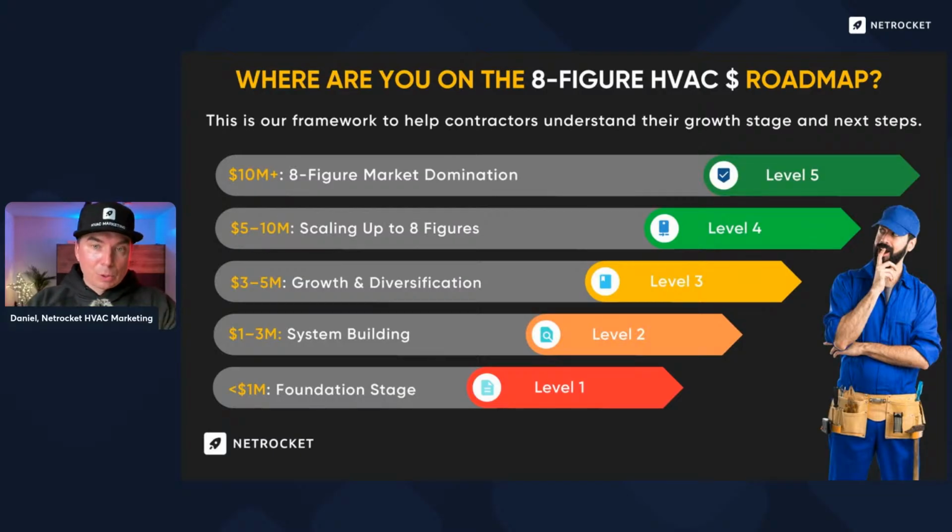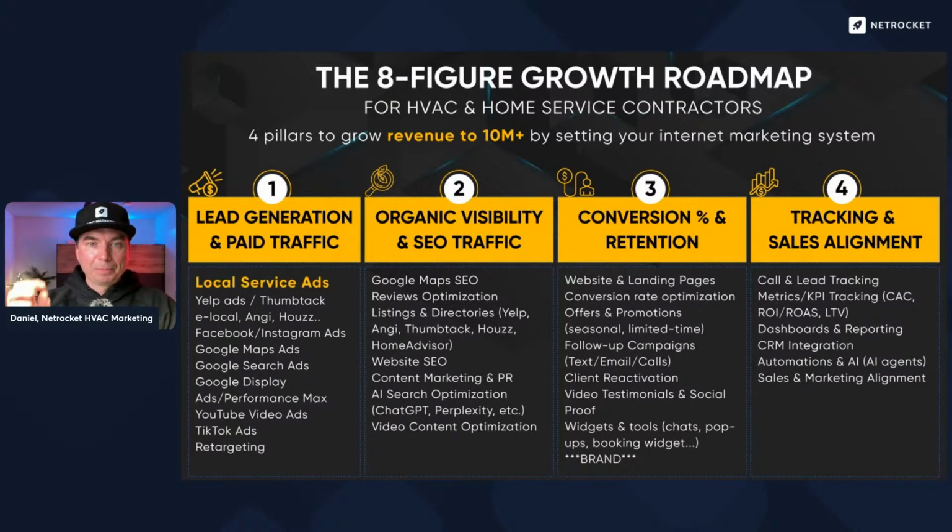So this is why I'm talking about the 8-figure HVAC roadmap. And if it's okay, you can take a picture of this slide, this is the whole 8-figure roadmap, which we discussed on the previous meetings online and in person as well.